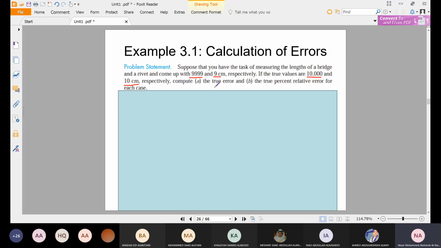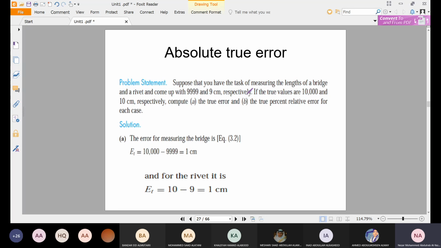So the question here: compute the true error. We know the true error equals the true value minus our measurement, or minus the approximation, or minus our estimation. So in this case I want to subtract 9,999 from 10,000. So the true error for the bridge is 10,000 minus this number, which equals 1 centimeter.